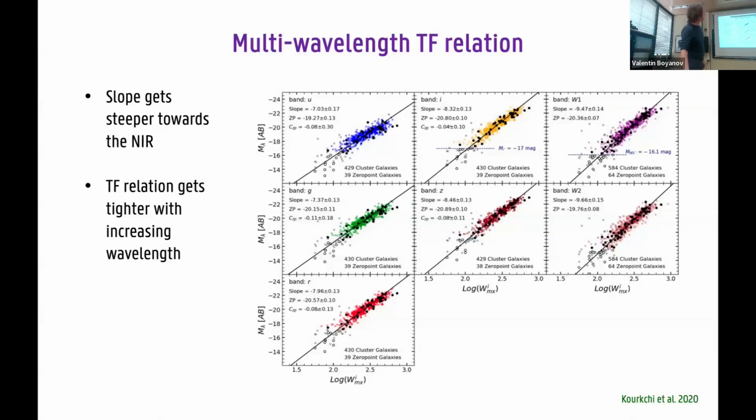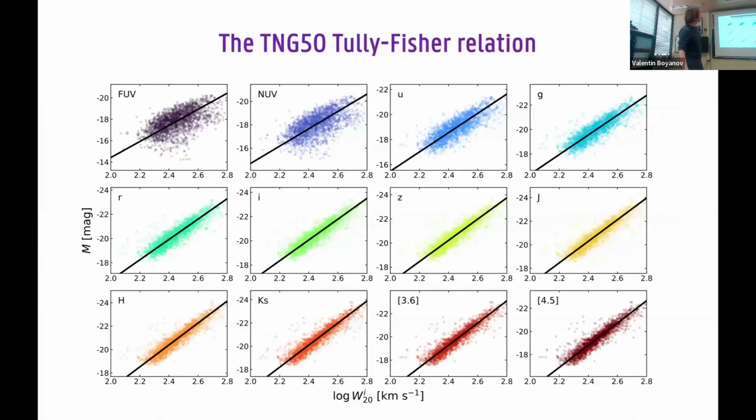So again, we used TNG50 to calculate the Tully-Fisher relation, calculating the luminosity in every band. We calculate the H1 line profile, we measured the width, and we plotted them against each other. And here you see the results. You see that as it goes from UV all the way to the near infrared, the scatter becomes much, much smaller.